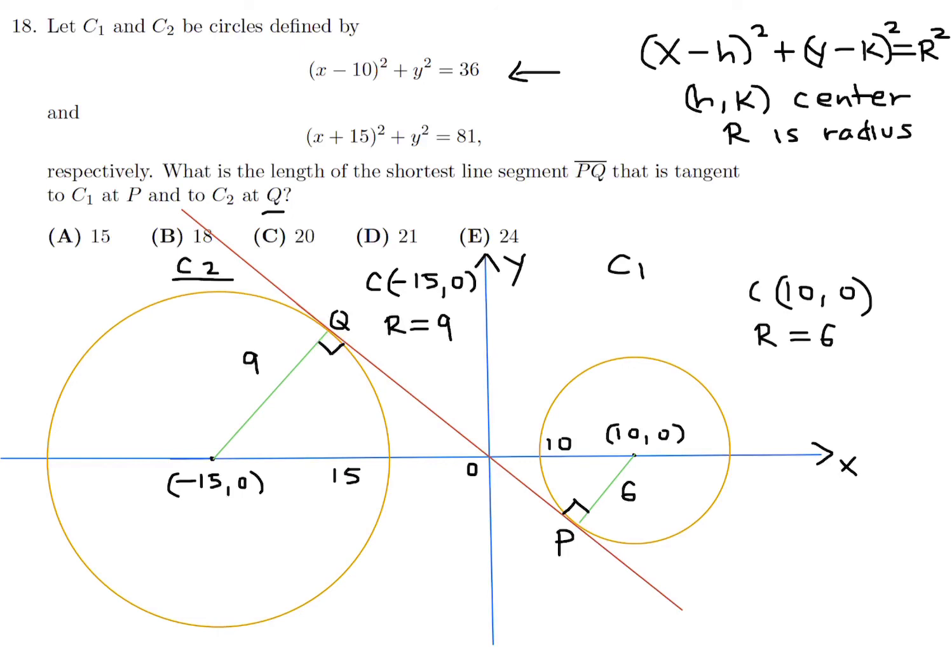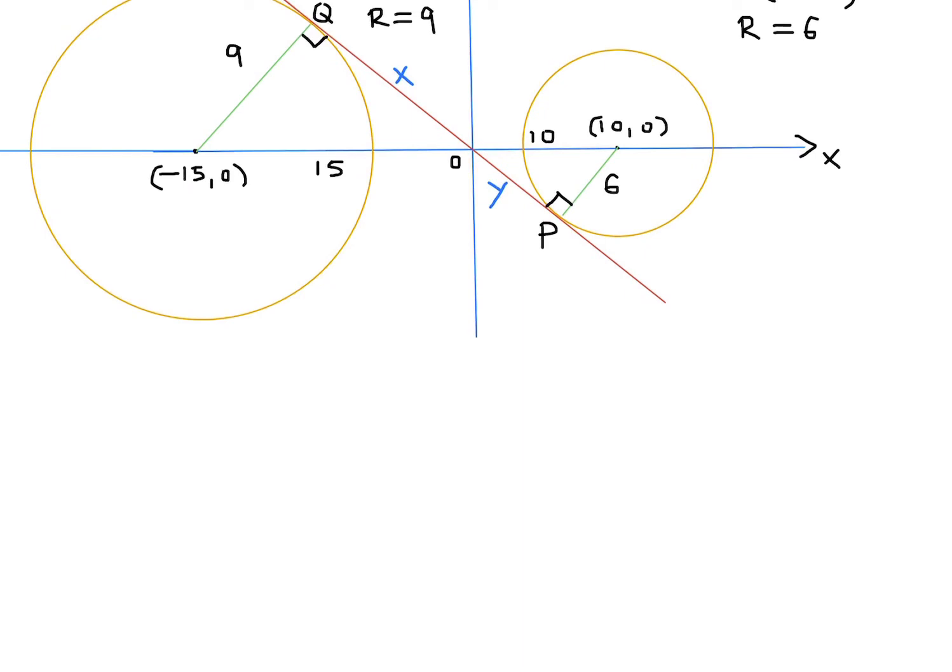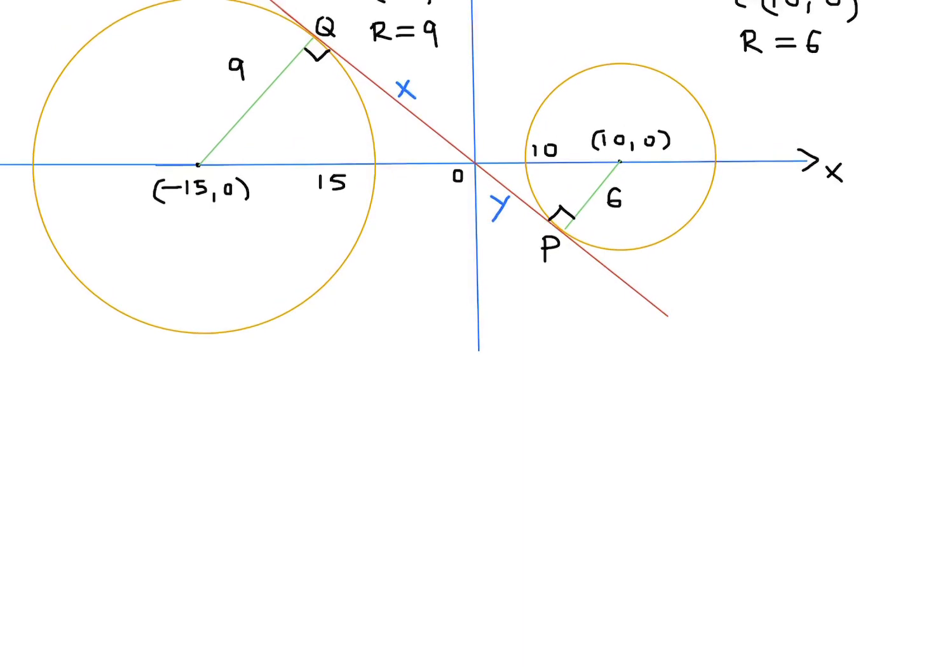The first one, obviously, I'm sure you can see it too, is this triangle. From Q to the origin, I'll label it X. And then the second triangle that we will need to use is that one right there. And I'll label P to the origin as Y. Using that, we can calculate X and Y, and then we can calculate X plus Y, which is basically going to be the length of QP.